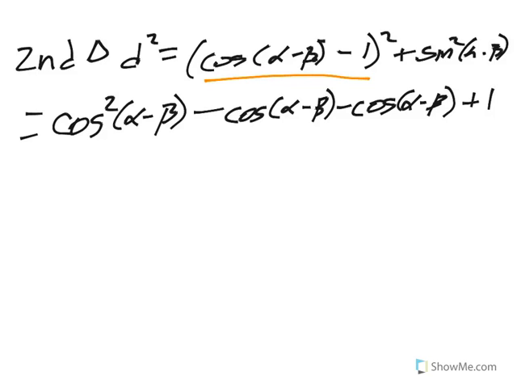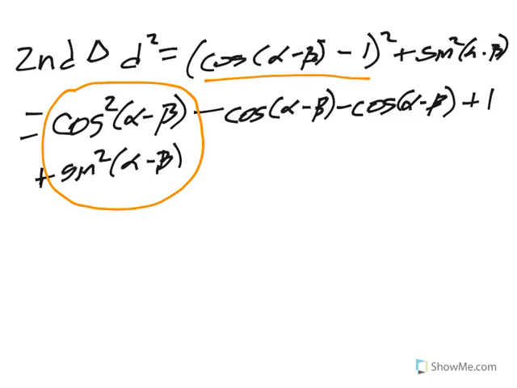That's that entire thing that I have underlined in orange, and the other piece is just sine squared of alpha minus beta. Okay, cool. Once again, we've got sine squared of alpha minus beta plus cosine squared of alpha minus beta. That's just 1 again.